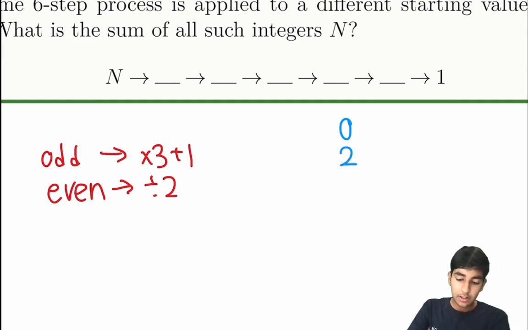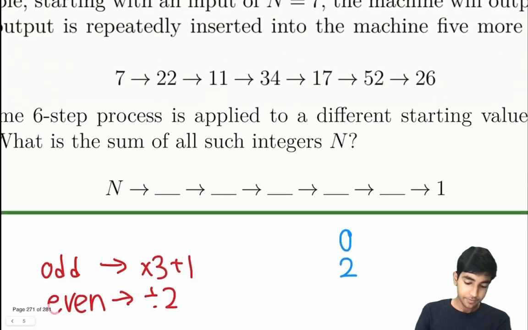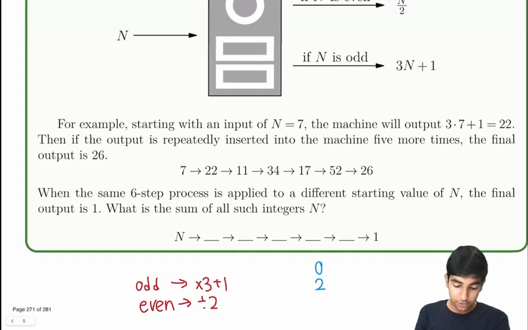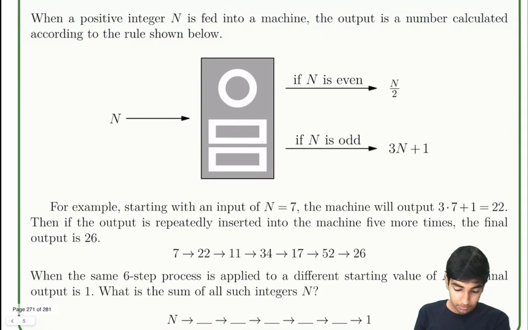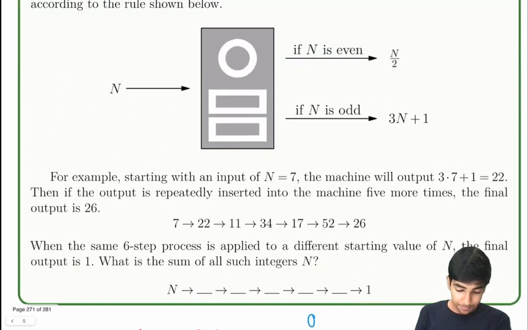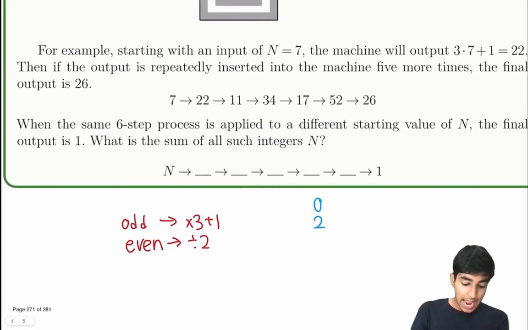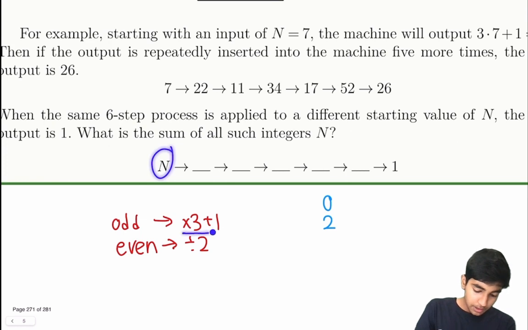But the key thing here is no number in the sequence can ever be 0. Why? We're starting with a positive integer, and it says here, positive integer n. And there's no way to go from a positive integer to 0 by dividing by 2.